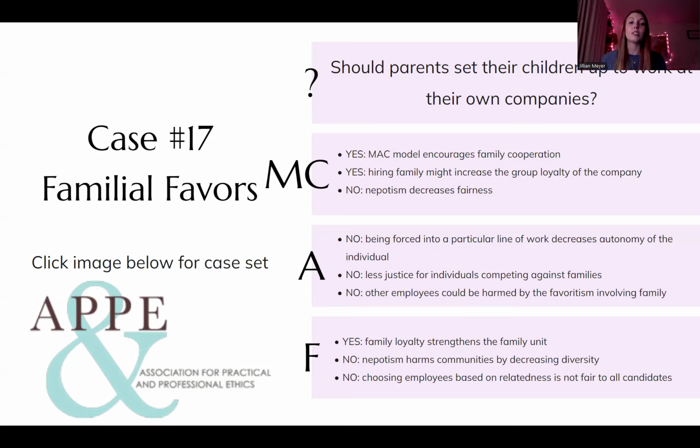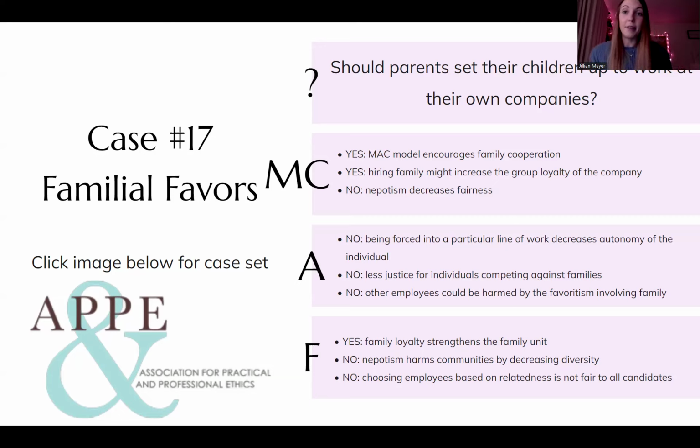So the first one I use is this morality as cooperation model, which is a social psychological theory of morality, being there to facilitate cooperation and limit conflict in a community. You might say, yes, here, parents should set their children up to work at their own companies because the morality as cooperation model directly encourages family cooperation.